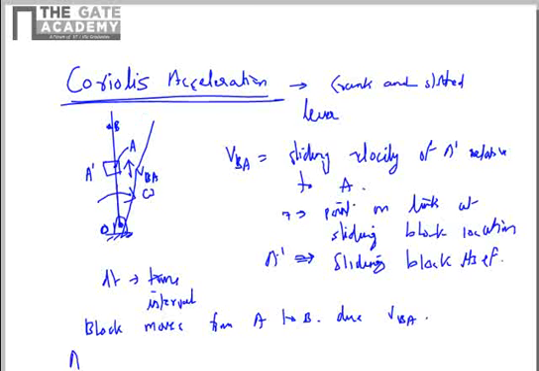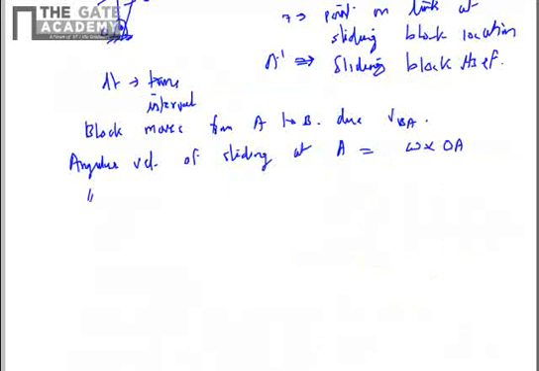Now the angular velocity of sliding block at A point is equal to omega into OA, the distance OA, and the angular velocity of sliding block at point B, so after time interval dt it has reached the point B, will be equal to omega into OB.